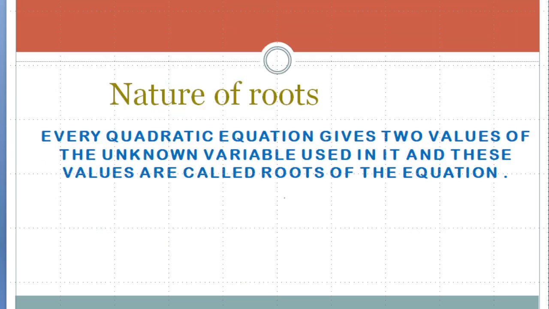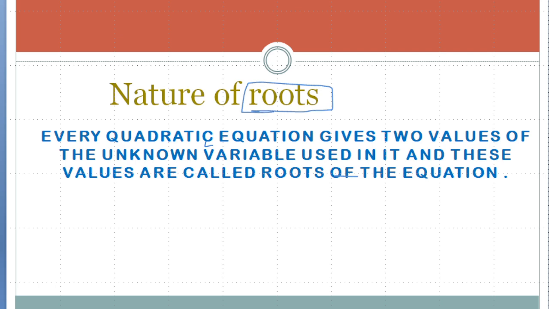Then now come to the next. Now we will find out what the root is. First we have to understand what these roots are. These roots mean the value of x.